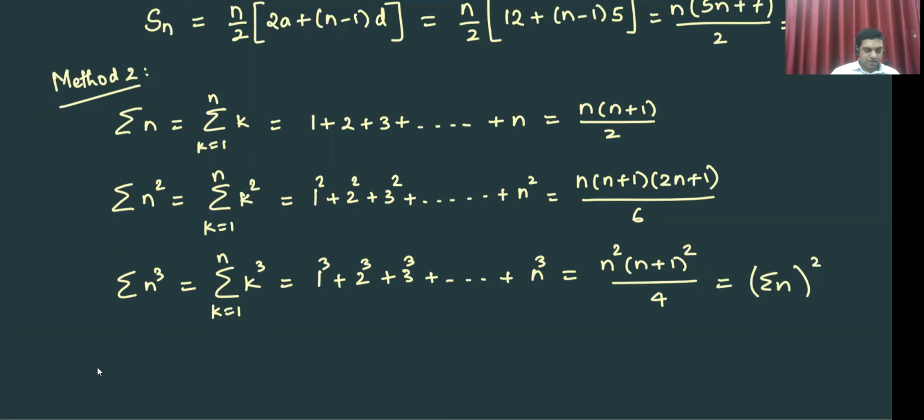All right. These are the three critical results, and of course sigma 1, that is sum of a constant of first n terms, 1 plus 1 plus 1, is equal to n.